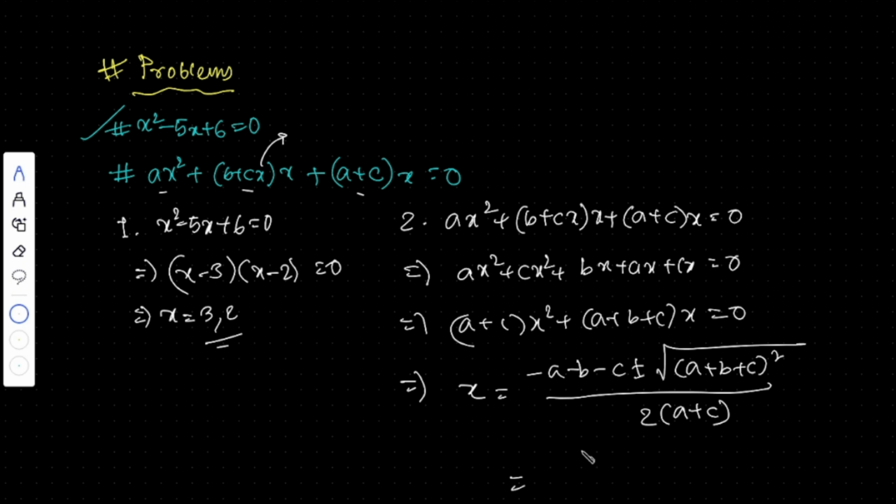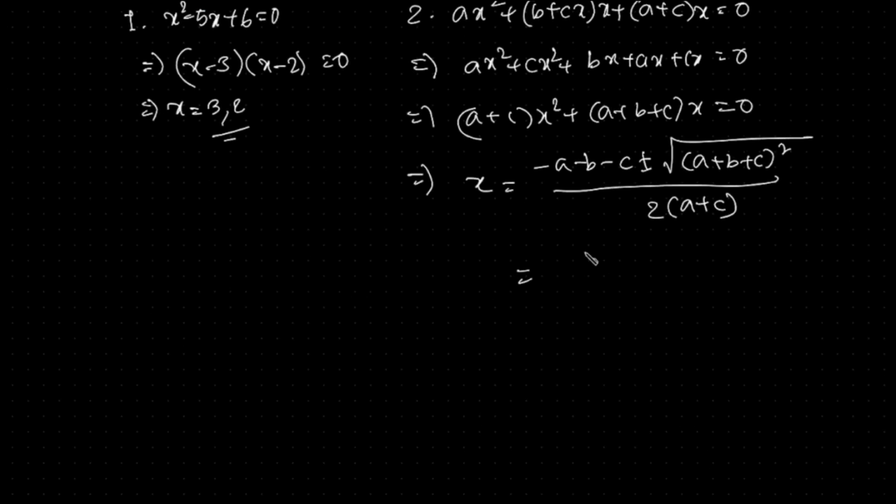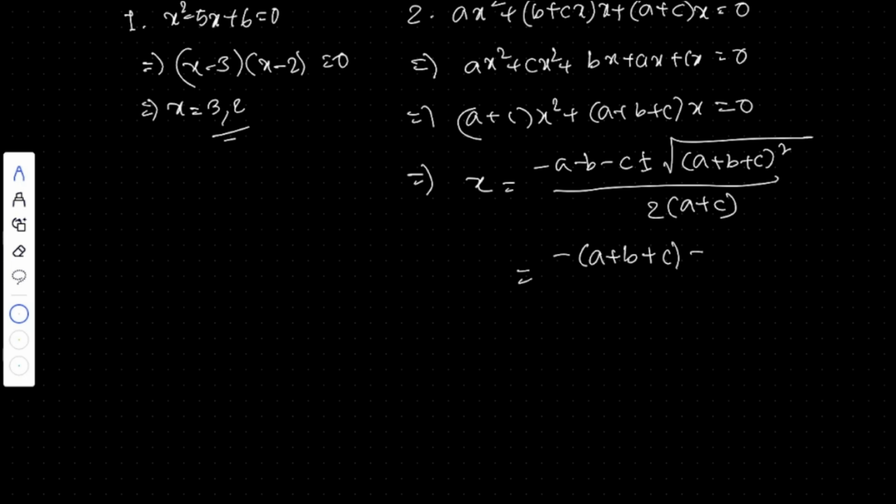It becomes minus (a plus b plus c) plus minus (a plus b plus c), whole divided by (a plus c).